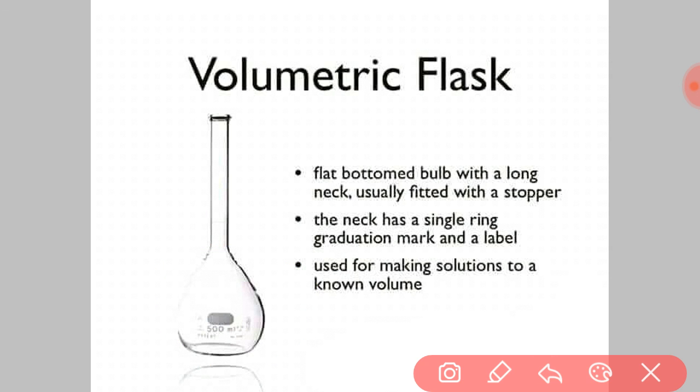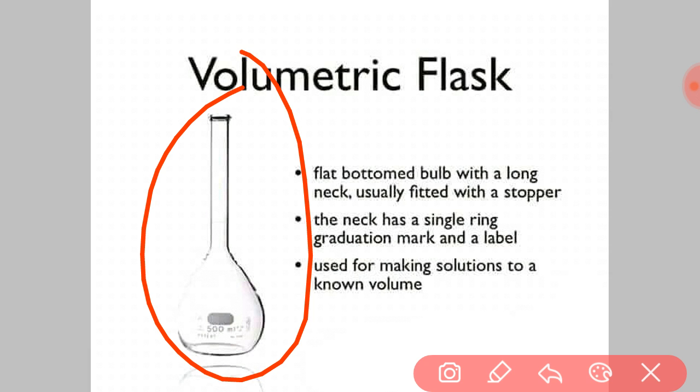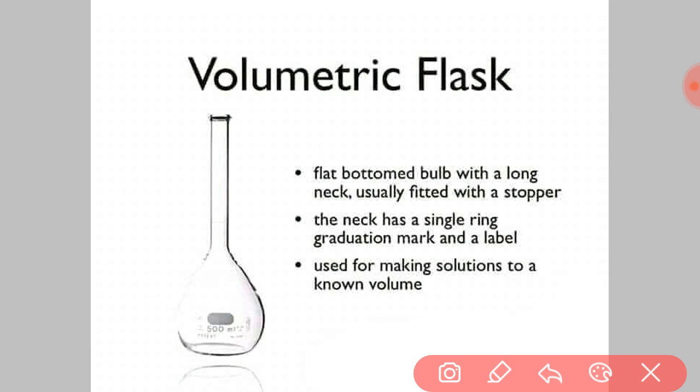The neck has a single ring graduated mark and a label. This mark, a point-like figure, is marked on the neck of the volumetric flask. It is used to know the volume of a solution. Basically it helps to know the volume of solutions of various chemicals. So this is our volumetric flask.